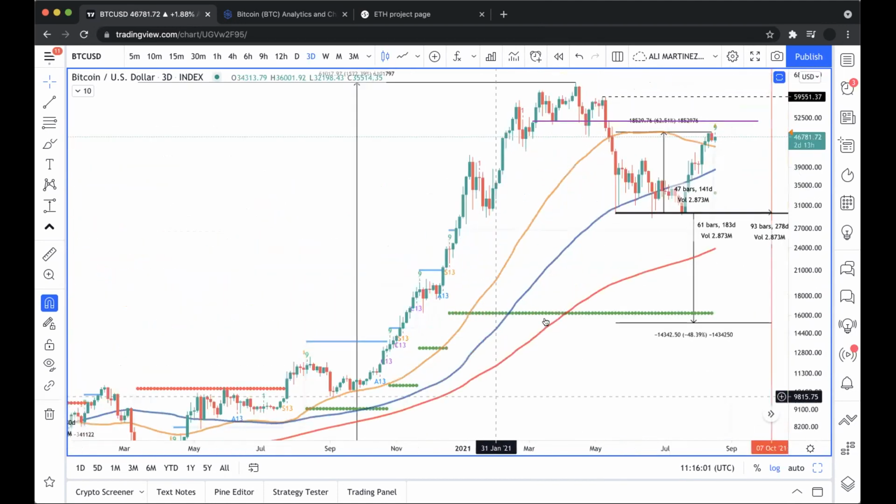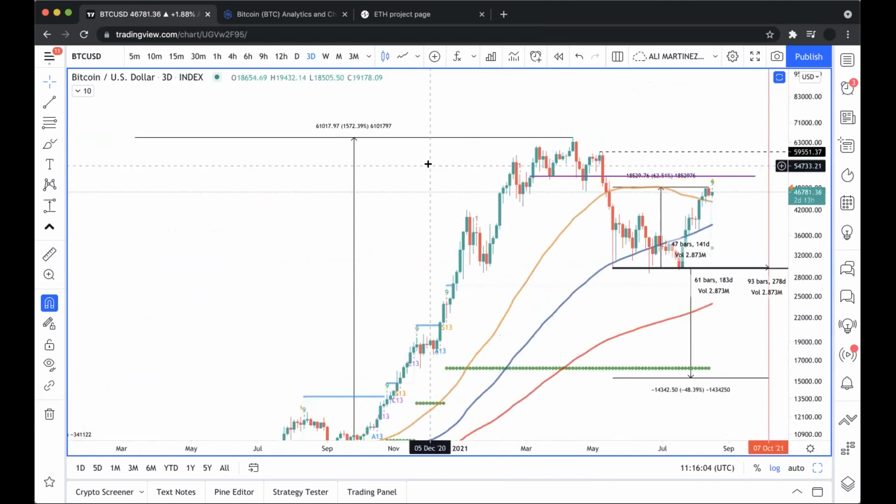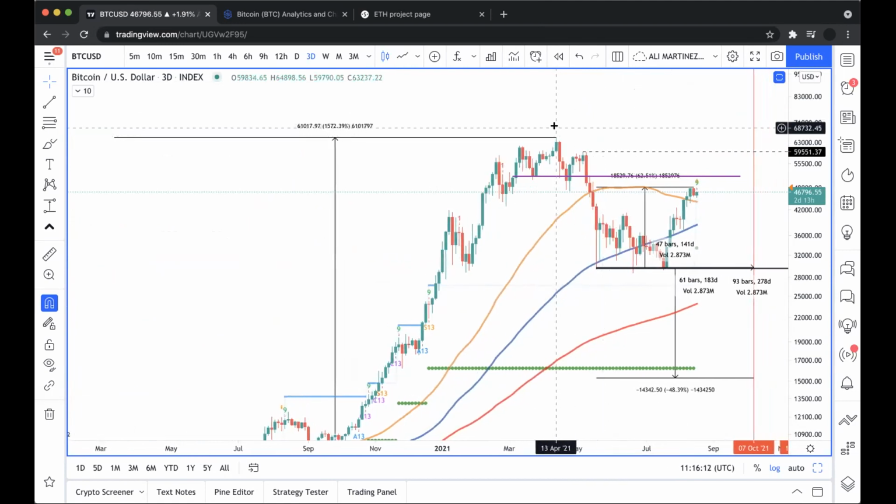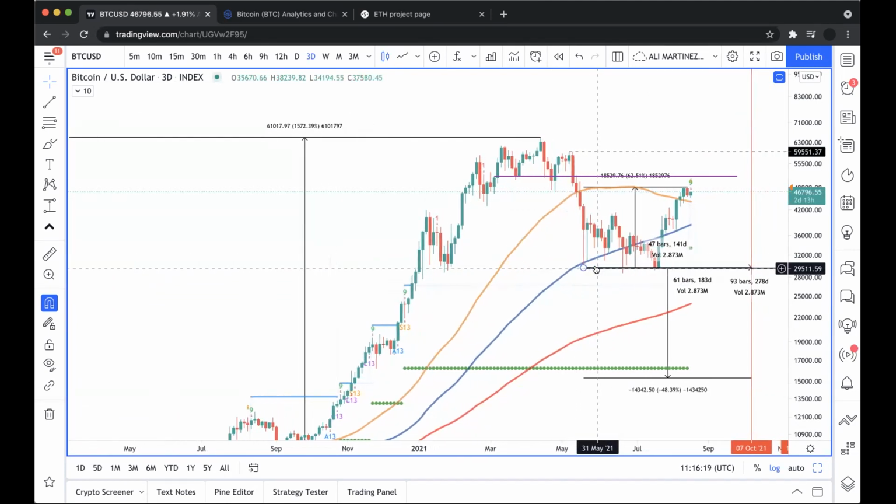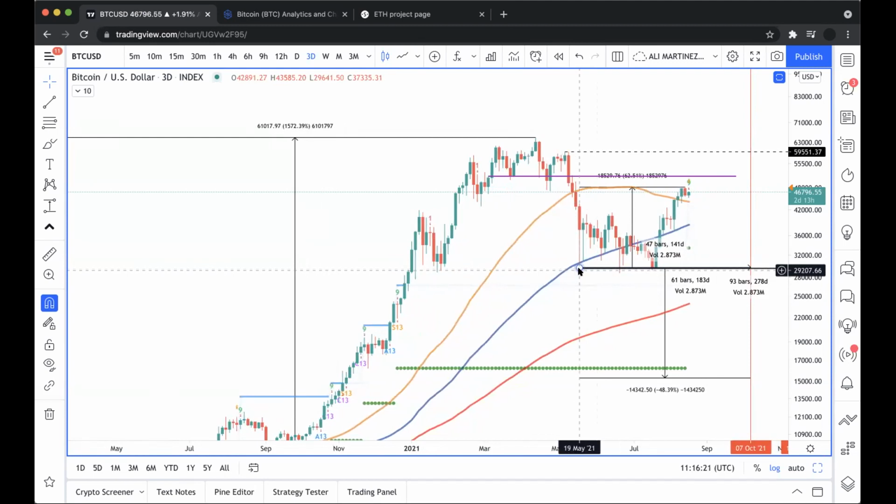Now in the current bull cycle, right, after a 1,572% bull run, Bitcoin seems to have topped at $65,000, right? And then from that moment on, it went down, broke through the 50-day moving average, and then tested the 103-day moving average, right?